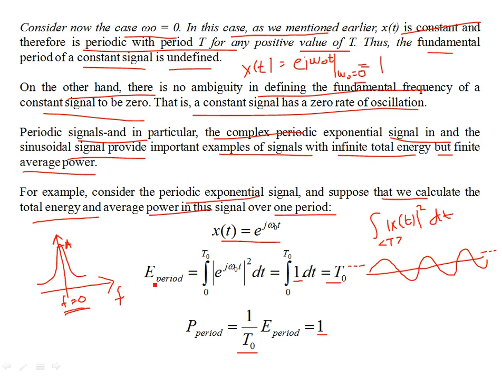You see the energy over one period is finite, but if you consider all the cycles where this phenomenon is occurring, the power stays constant. Energy goes to infinity if you consider the entire energy.